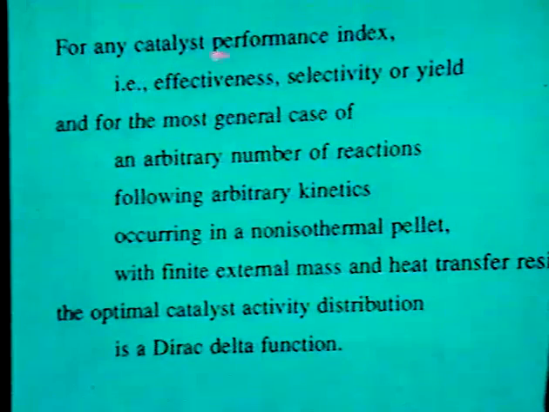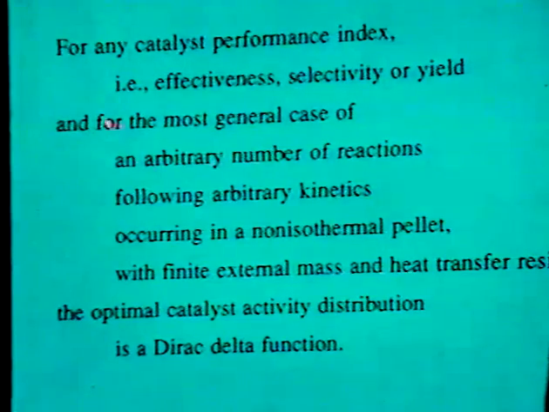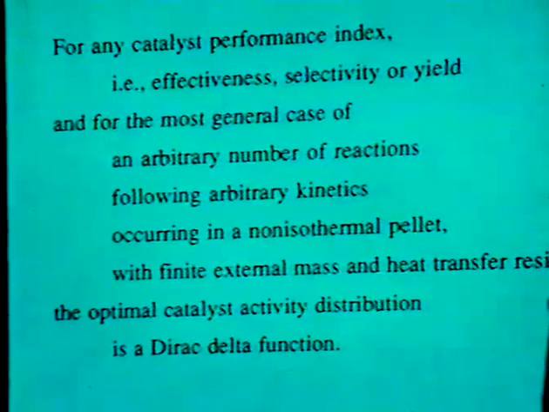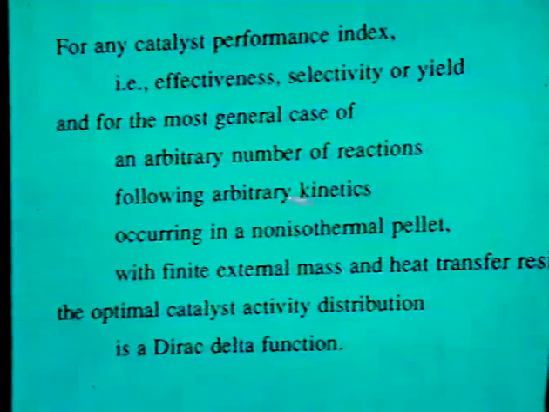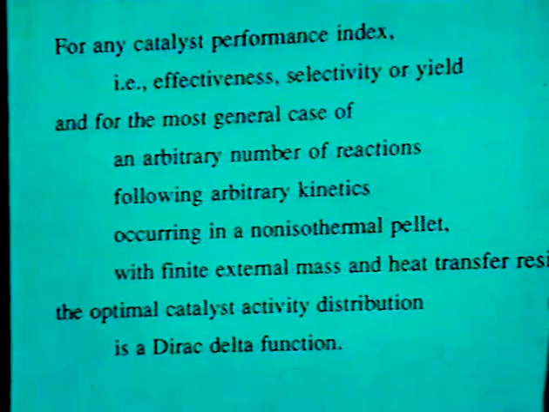The result is the following, that we can reach now this conclusion that for any catalyst performance index, it could be effectiveness, selectivity, or yield, and for the most general case of an arbitrary number of reactions, following arbitrary kinetics, and occurring either isothermally or non-isothermally in a pellet, which means that there could be either heat effects or no heat effects.